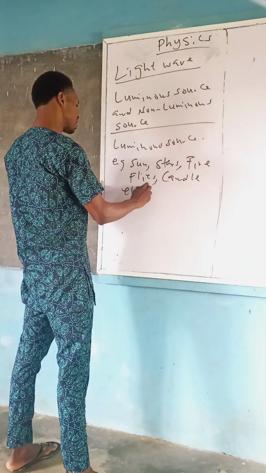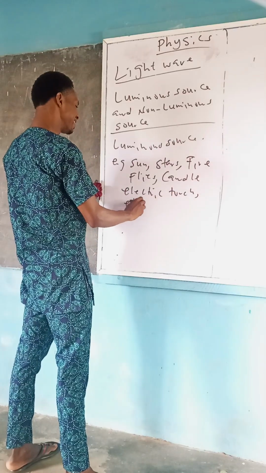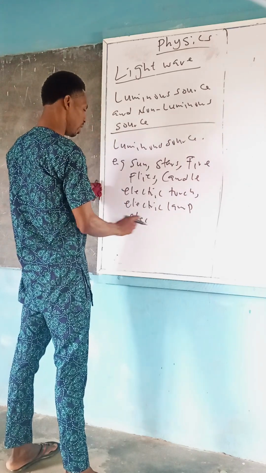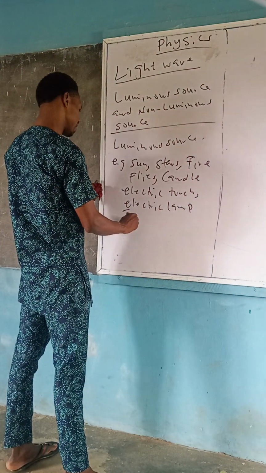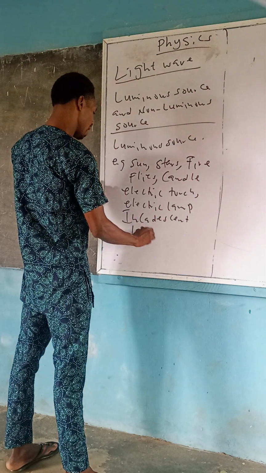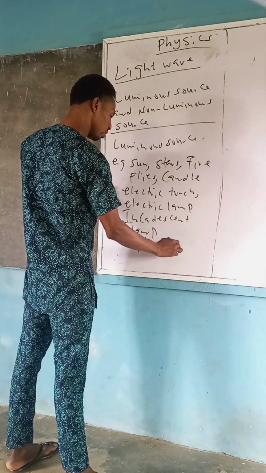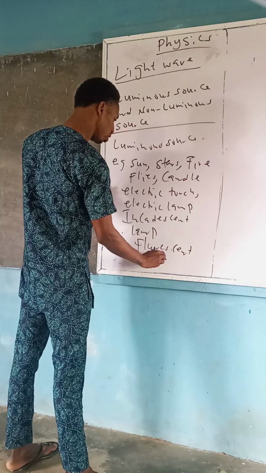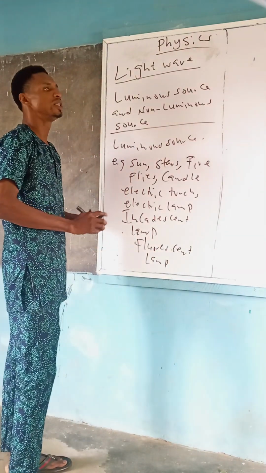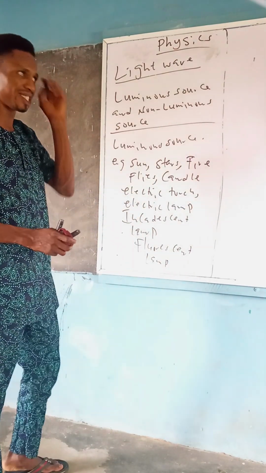We have the electric torch, the electric lamp, the incandescent lamp, and the fluorescent lamp or tube. These are some of the examples of luminous source.